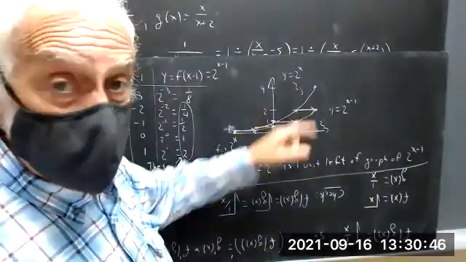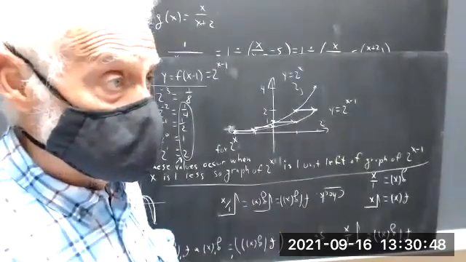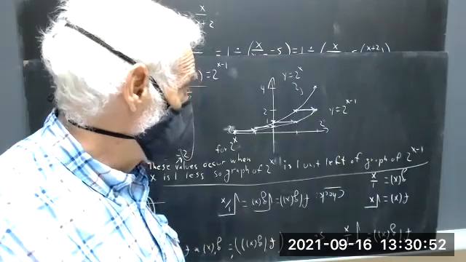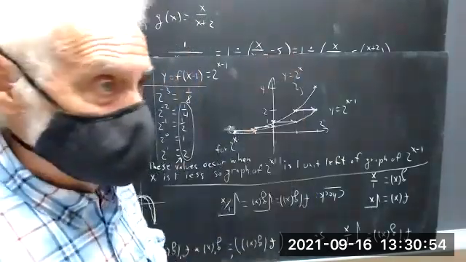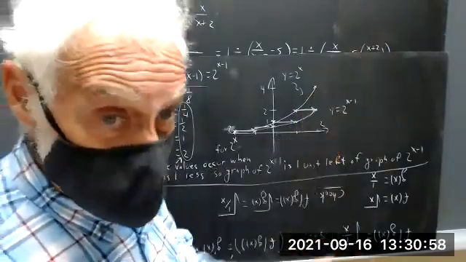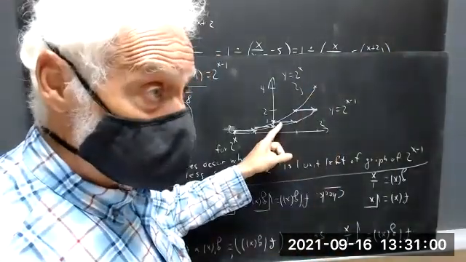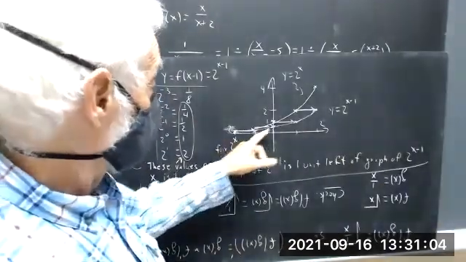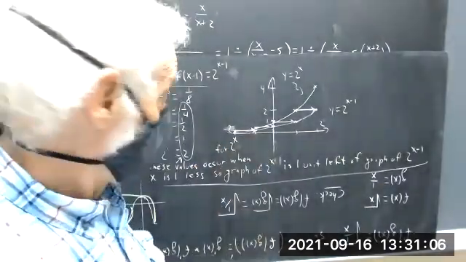What's the length of this arrow? Everybody see that? What's the length of this arrow? 1, right? And the length of this arrow, and the length of this arrow, 1.